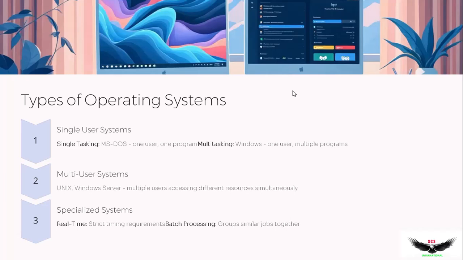Multi-user systems, we have Unix and Windows servers, whereby multiple users access different resources simultaneously. Many users can access the system and use it to do different functions or different activities.